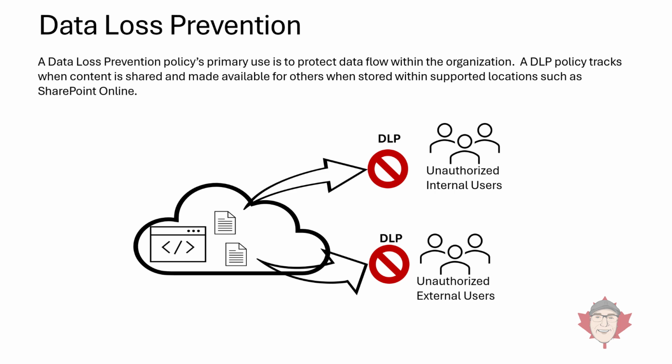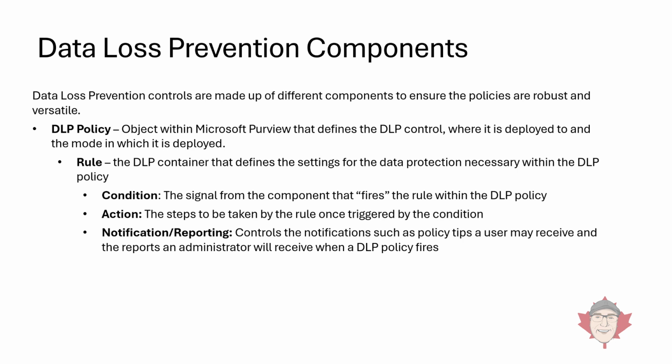Now, one last thing before moving on to the policy. Let's first talk high level about the components of a DLP policy. The policy itself is a container for the controls you wish to enact. The policy controls the type of data you want to protect, whether that be content connected to Microsoft 365 resources or cloud applications via browsers or network monitoring.